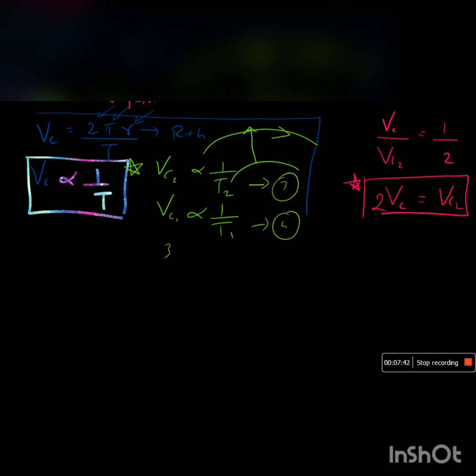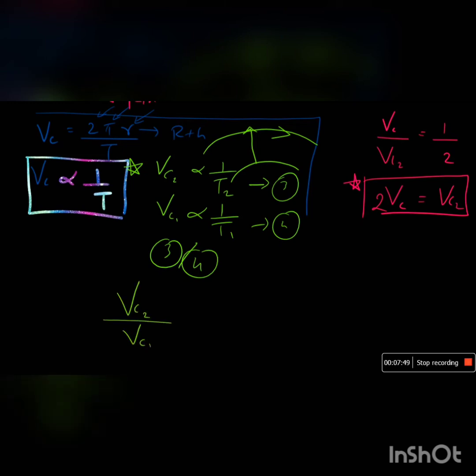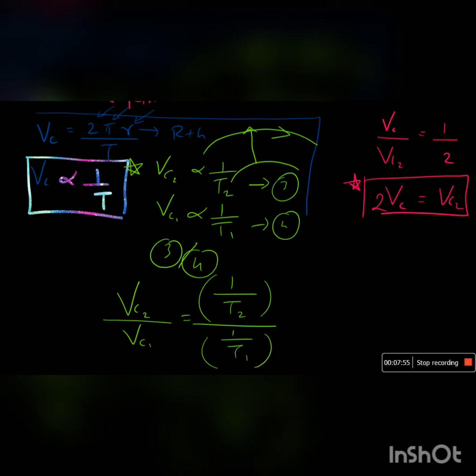If we divide 3 by 4, we get critical velocity in case 2 upon critical velocity in case 1 equals 1 upon T2 over 1 upon T1, and the denominator moves, so this is T1 upon T2.